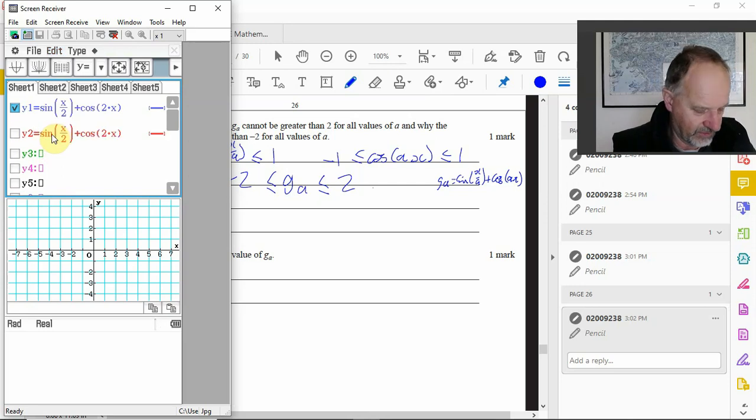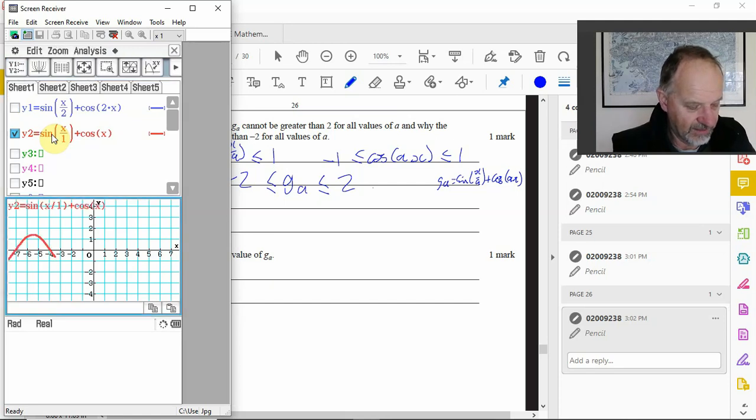What you need to do is try different values. So this one I'm now looking at is when A is 1, and graph that one when A is 1, and there we are.